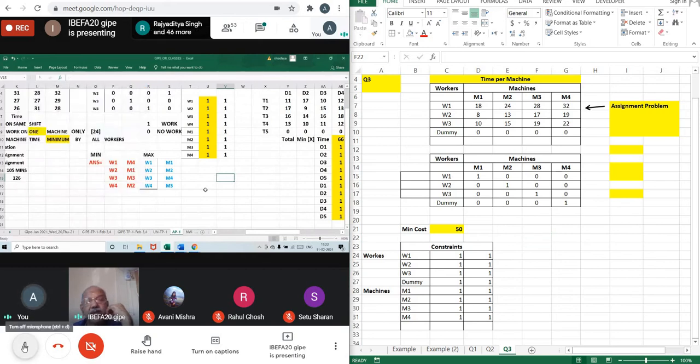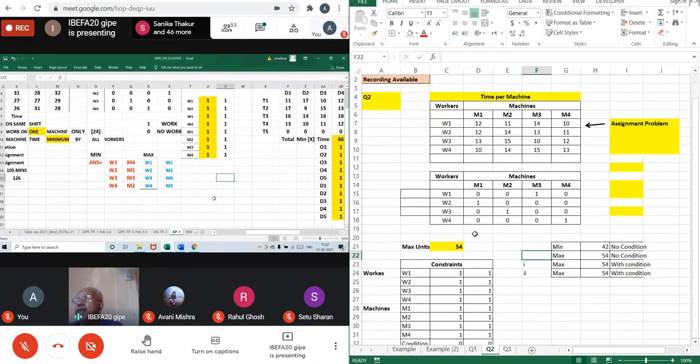Okay, sir. Your question is there because in operation research we are doing here only linear programming problem. What about non-linear programming problem? But the logic is the same. Here we have everywhere linear.